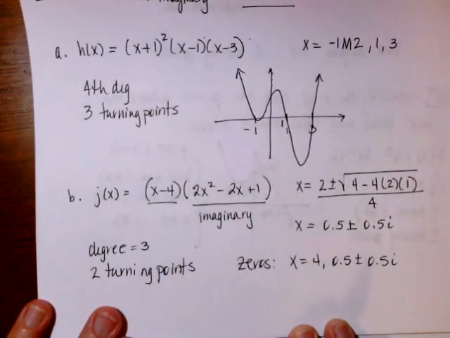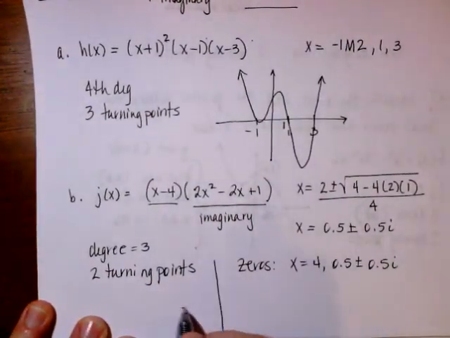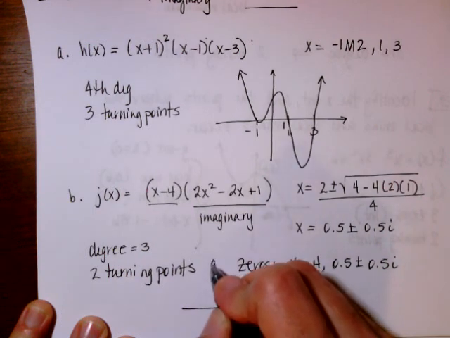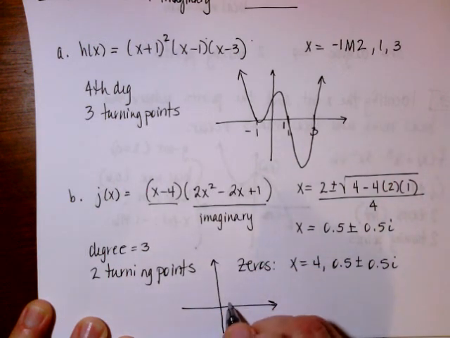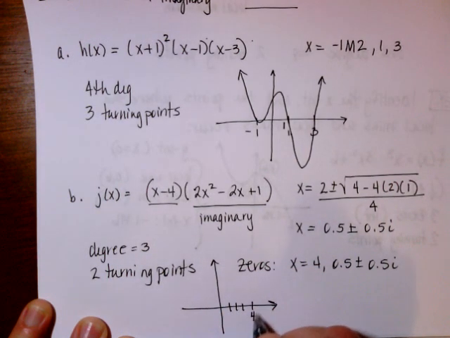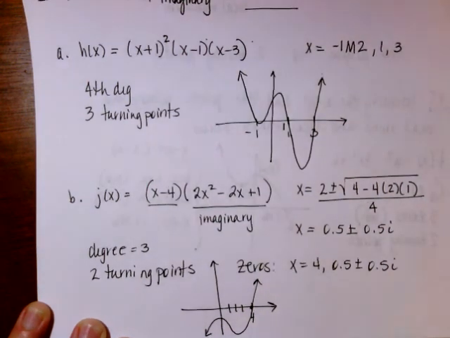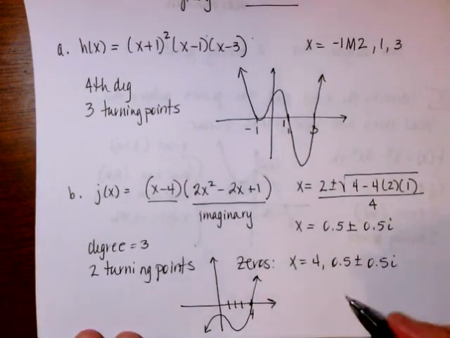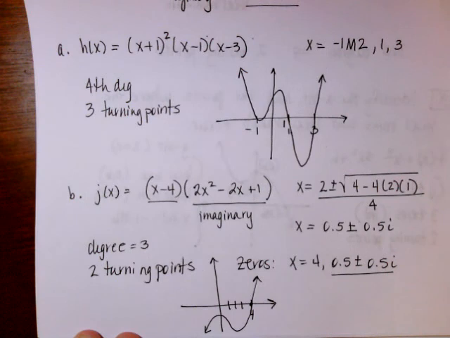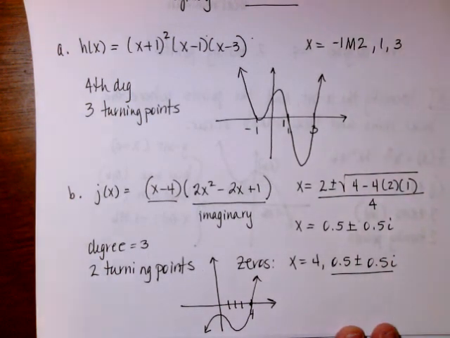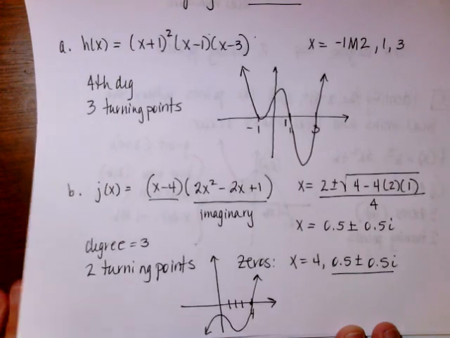And then if you actually put this in your grapher, I'm going to squeeze it in here so I don't have to go to the next page. If I had a 0 here at 4, and then if you graphed this one, you would see that your graph looks something like that. And remember, complex numbers do not create an x-intercept. That's why I only have the one x-intercept.